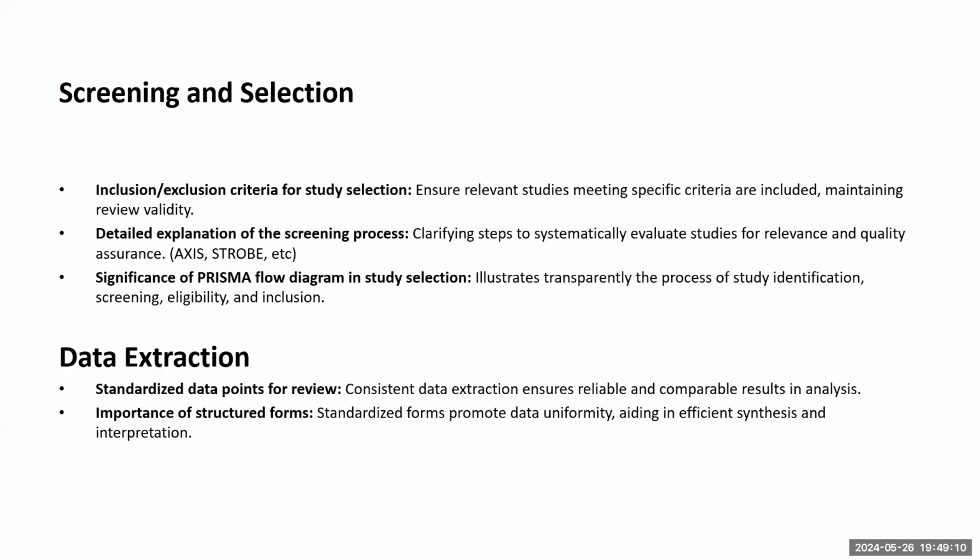Something I missed in the beginning: the spectrum of systematic review also covers meta-analysis, because in meta-analysis you're also going to use the same system to generate papers. The difference between the simple systematic review and the meta-analysis is that in meta-analysis, for quantitative research, and I'm not talking about qualitative research, you are analyzing outcomes.